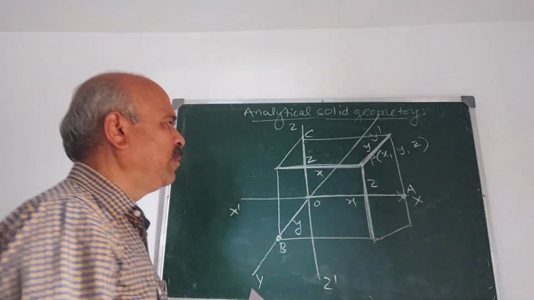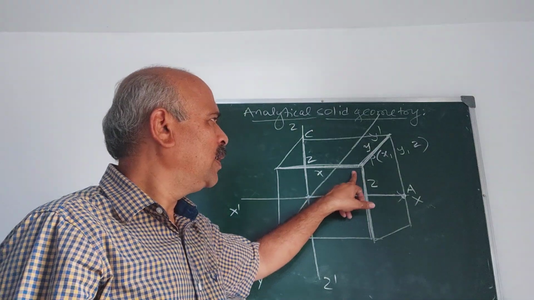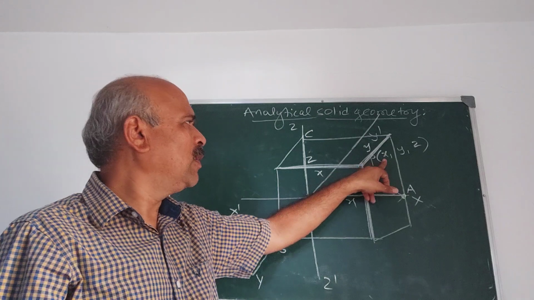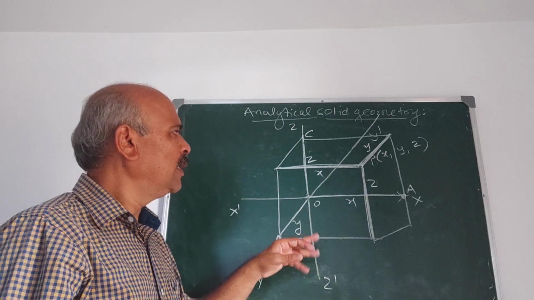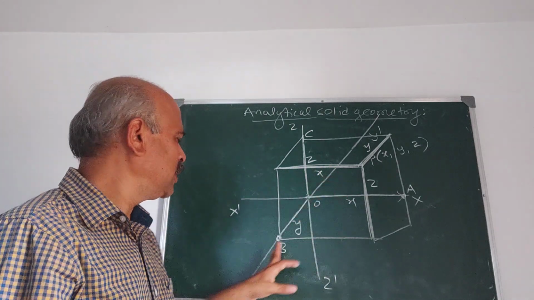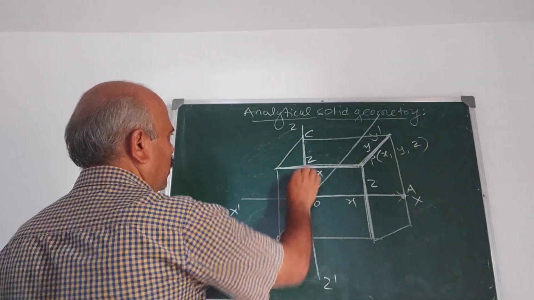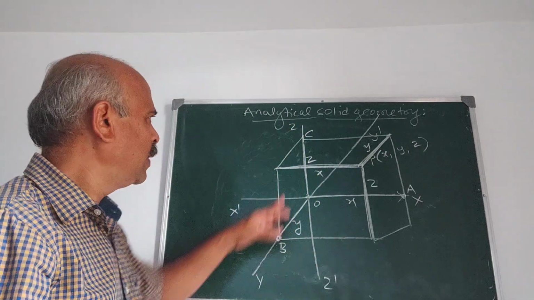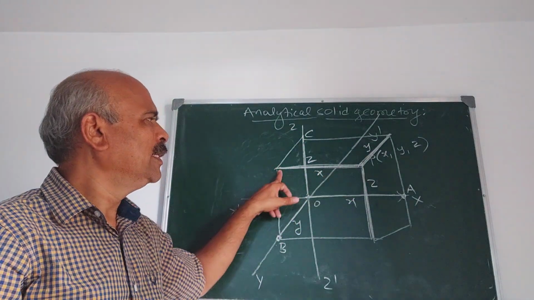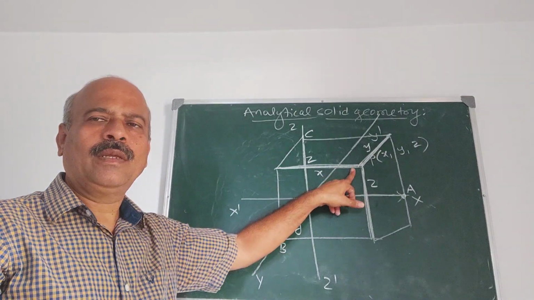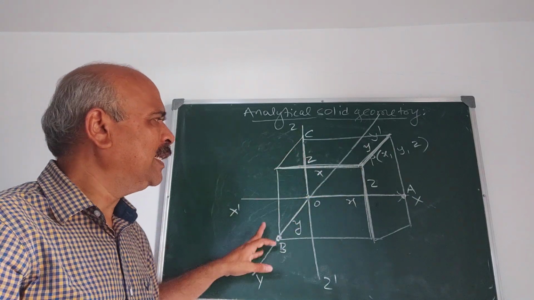So in another way, how do you define the coordinates of a point in 3 dimensions? The x coordinate of a point is the perpendicular distance from the YZ plane. See, this is the YZ plane; ZOY is called the YZ plane.